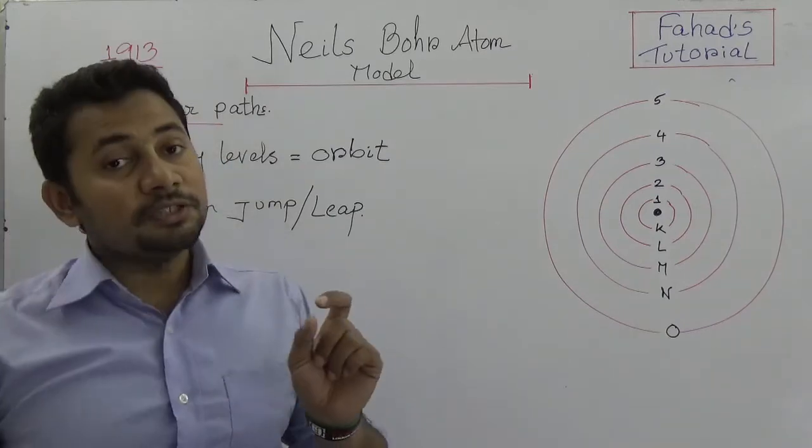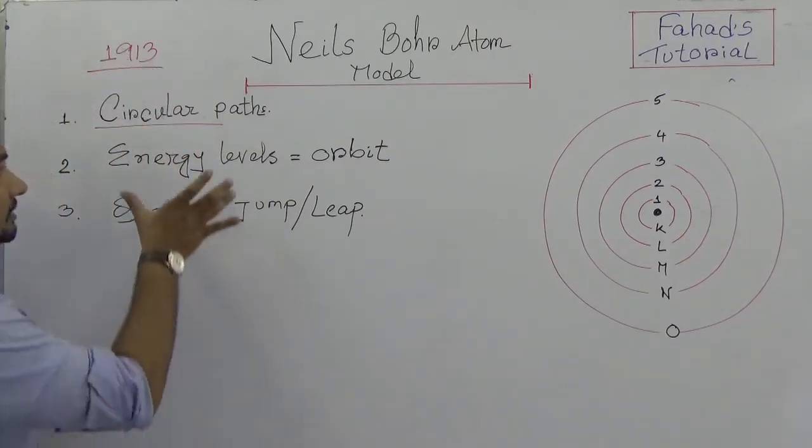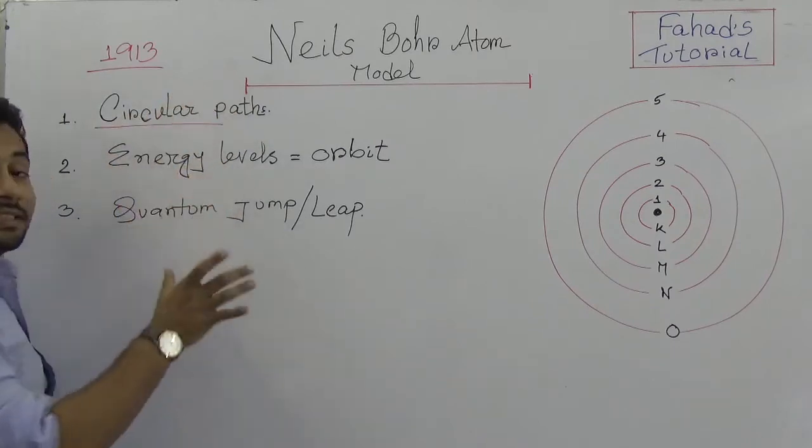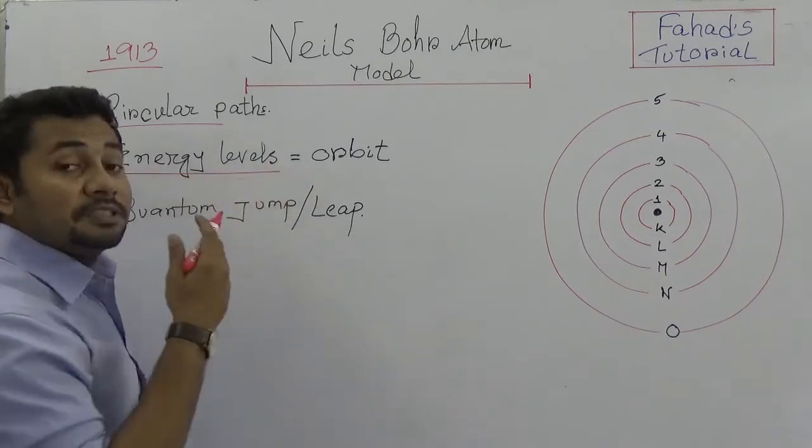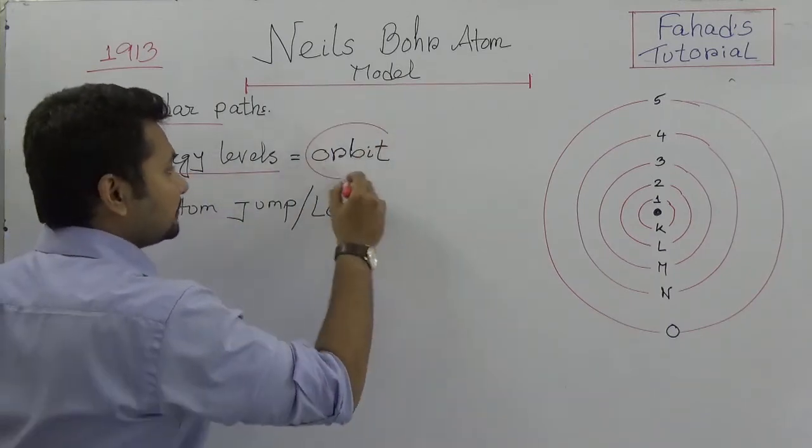And the second postulate is that these circular paths are known as energy levels. This is very important. Energy level, which is also known as orbit.